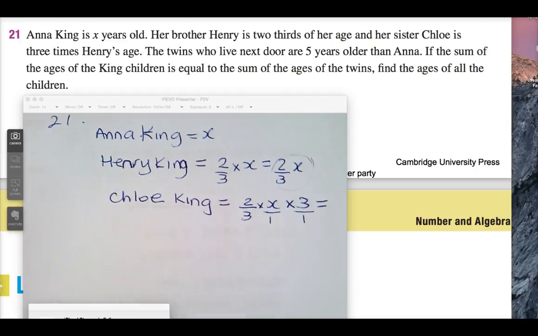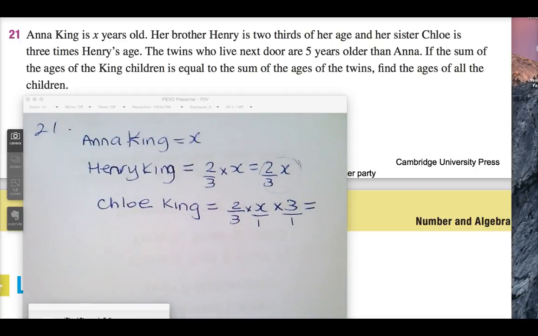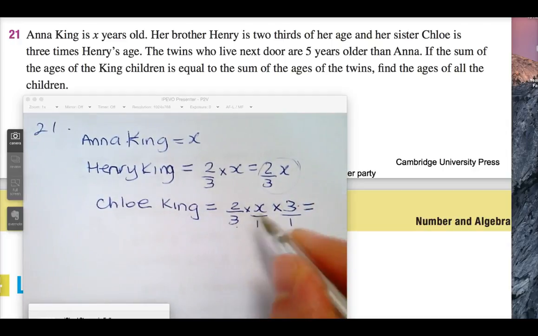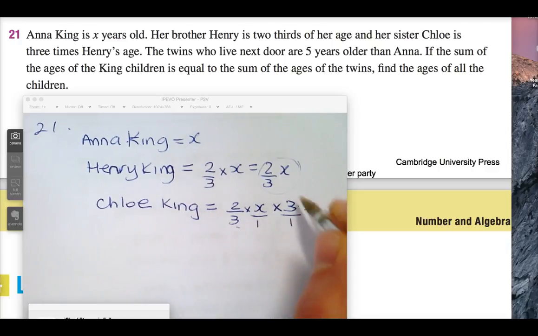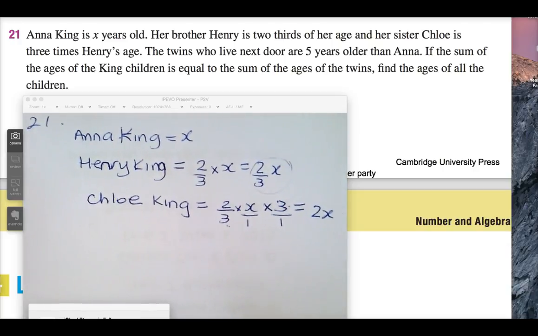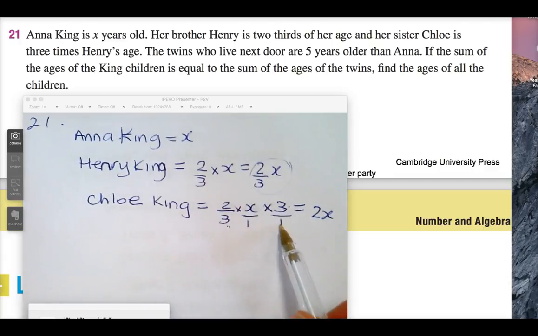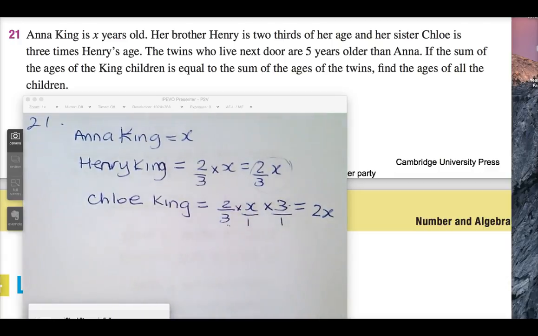Girls, something cancels. The 3's. Girls, don't you get 6x over 3? Or the 3's cancel and you put 1's. So what have I got? 2x. 2 over 1 or 2x. So Chloe, the 3's cancel to give you 1, or you can go 6x over 3 is 2x.